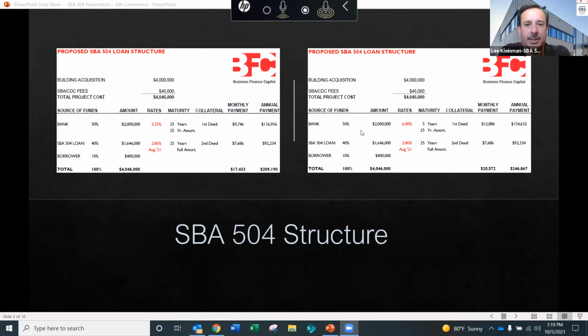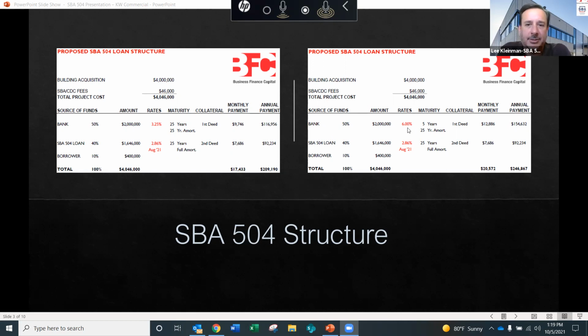But if someone like myself is involved and is working with a client that fits the profile on the right, I have relationships with 20 different first mortgage lenders. Most are banks, some are non-banks, like companies that have access to Wall Street funds, and they can fund those riskier deals, albeit at a higher rate and fee, as we can see compared to these two different scenarios here, but it's still better than renting.